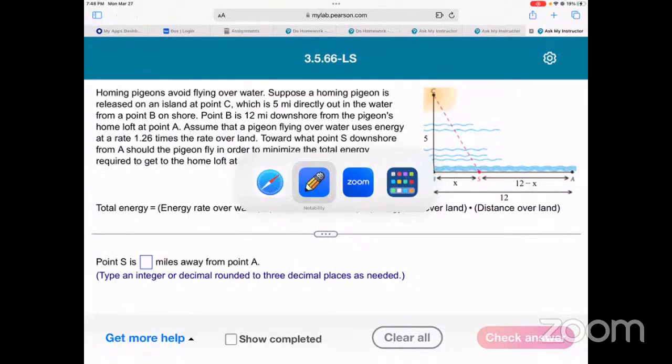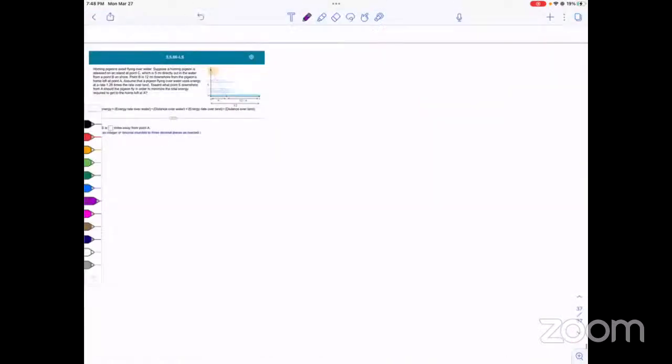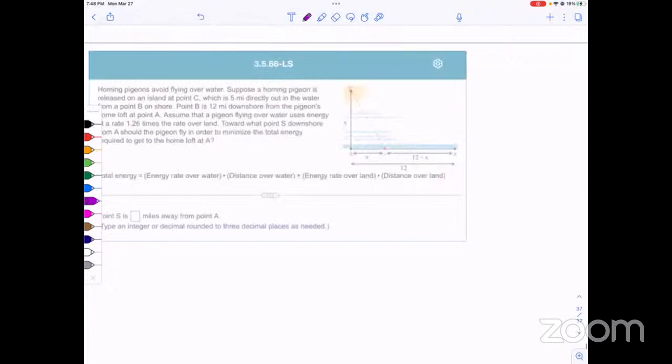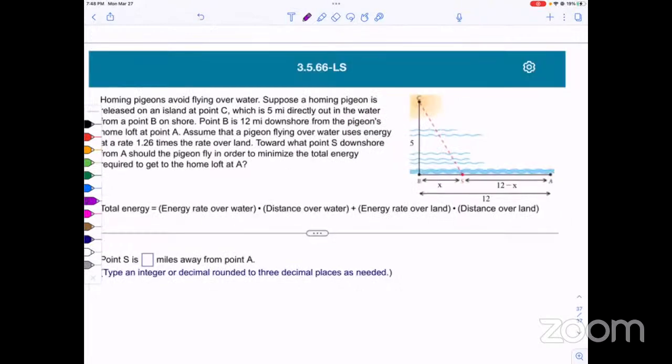Right here, let's paste. Okay, fortunately, they gave us a good amount of information, so a little bit of a headache, right?